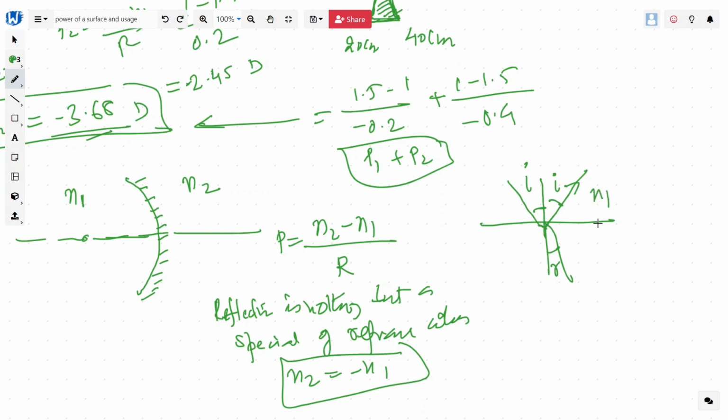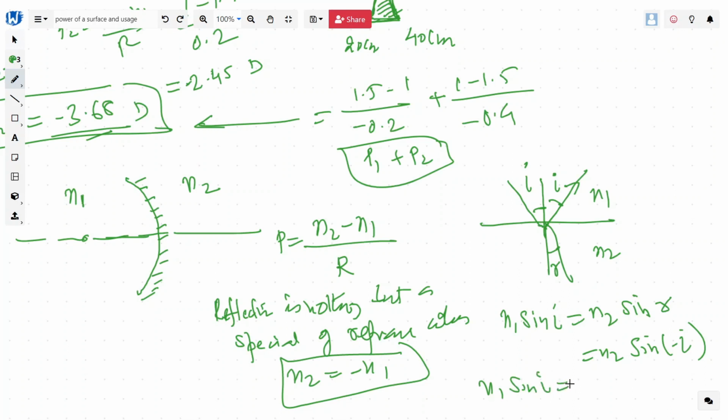And we said that here is n1, n2, and we can write Snell's law here, which is n1 sine I is going to be equal to n2 sine r, or the reflection. Now the angle of reflection here is negative I, right? So it is n2 sine minus I, which means that n1 sine I is equal to minus n2 sine I, and sine I we cut, which means that reflection is nothing but a special case where n2 is equal to minus n1, right?